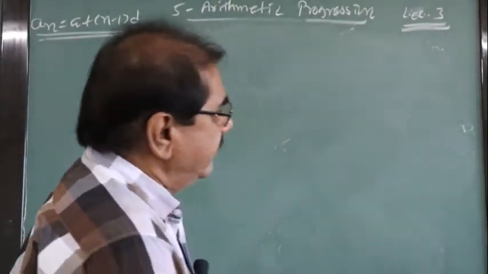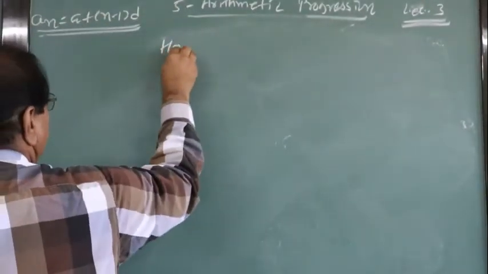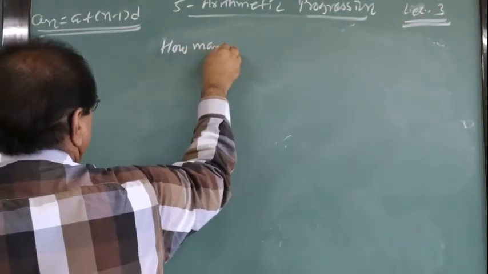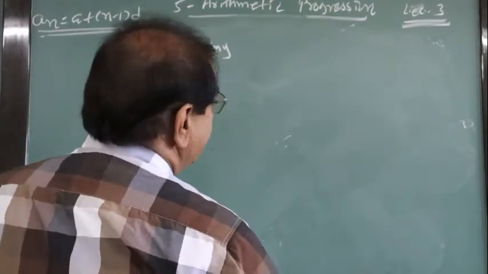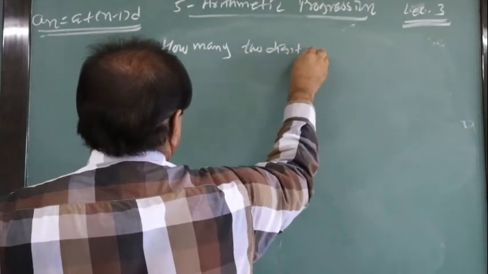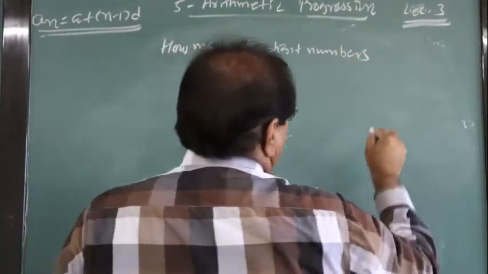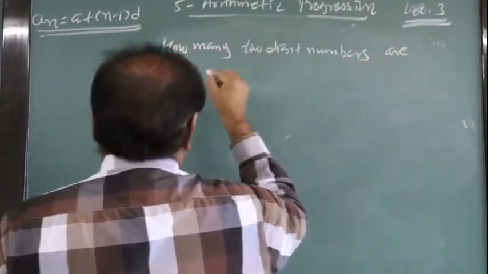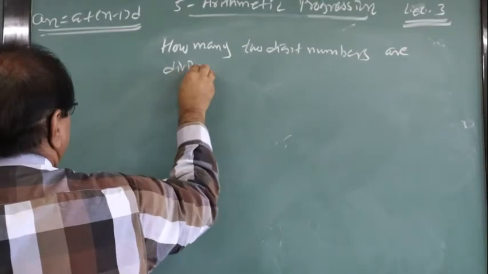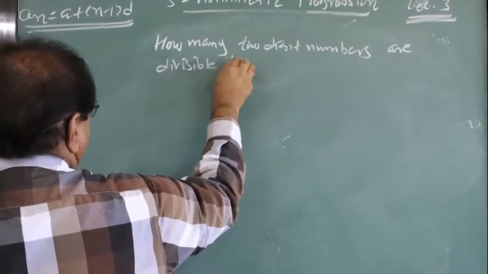We go for one more. The question is, how many two-digit numbers are divisible by 3?